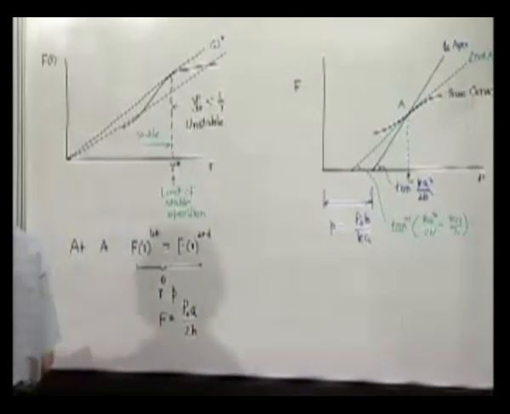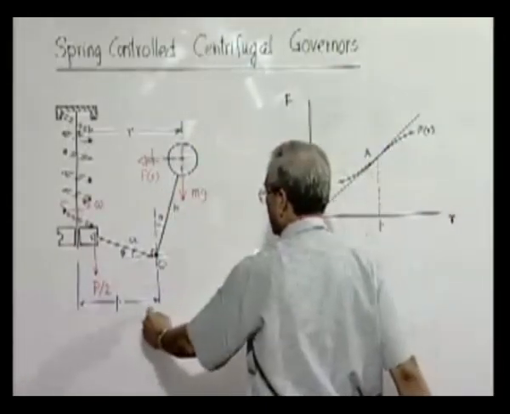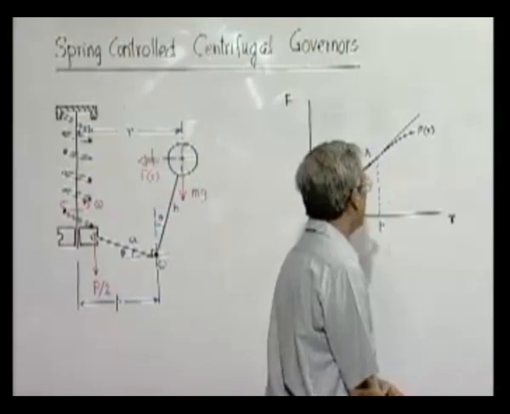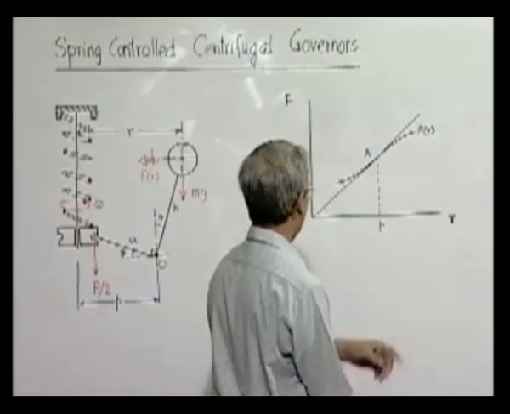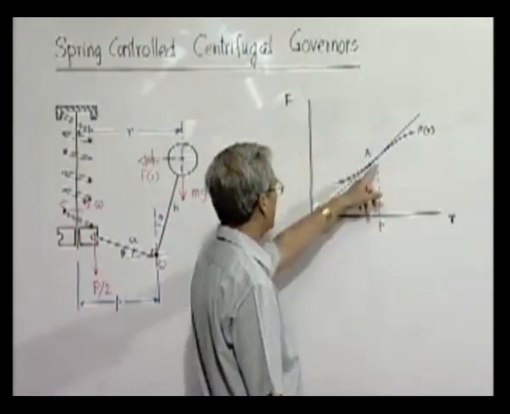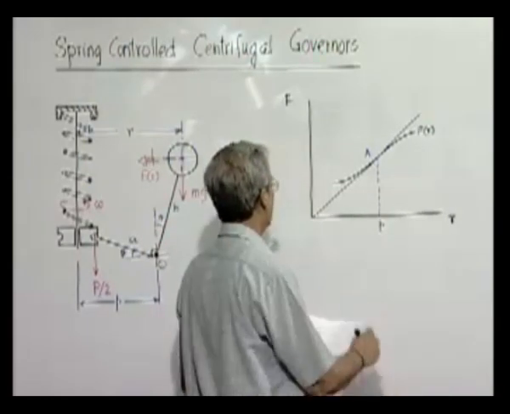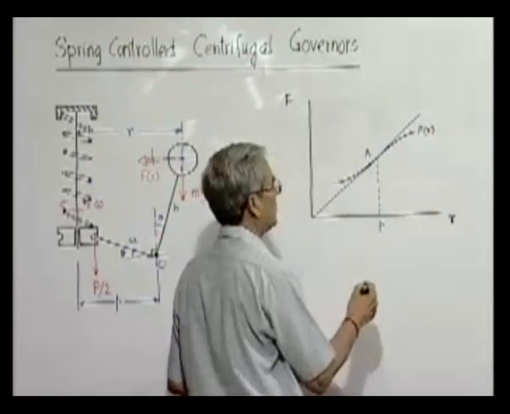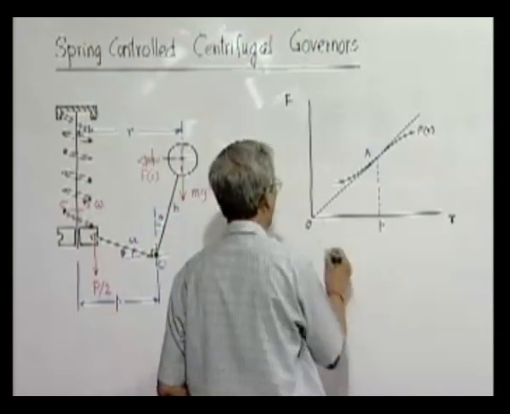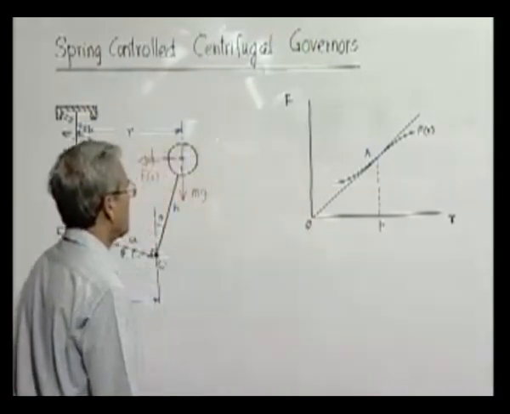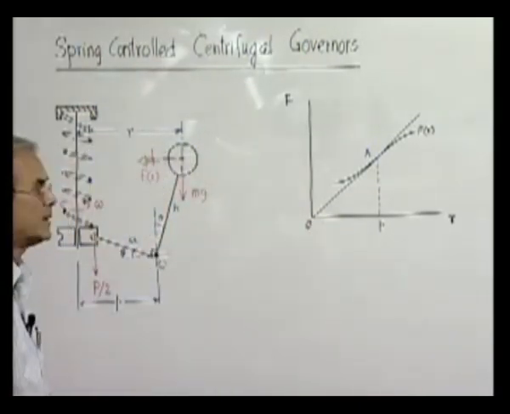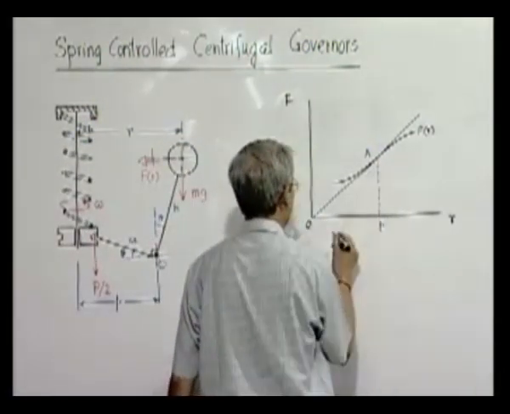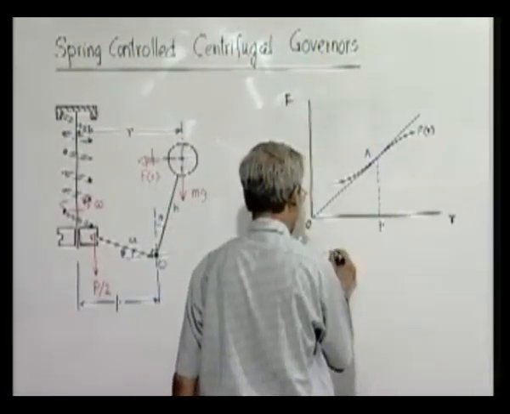So therefore, location of A is indicated by a value of R, which is P, given here, the distance of the hinge from the axis of rotation, small p. Now if it so happens that P is such, that means location of A is such, that if you pass a tangent through that, it will also pass through point O. This implies that at this location it will have isochronous operation.